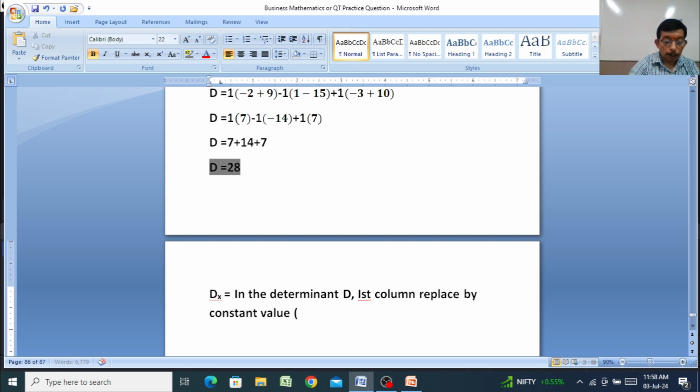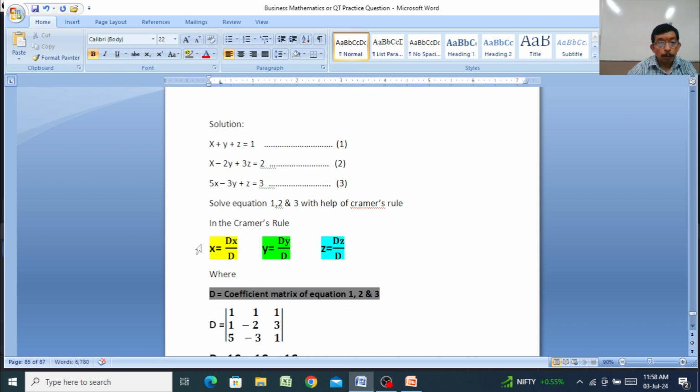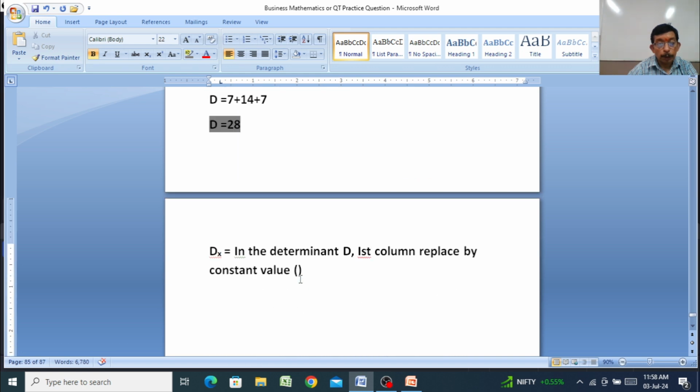And what is the constant value in the given equation? It is 1, 2, 3.